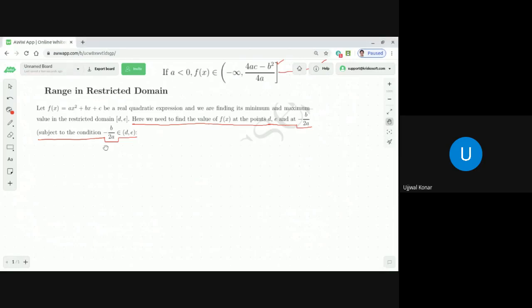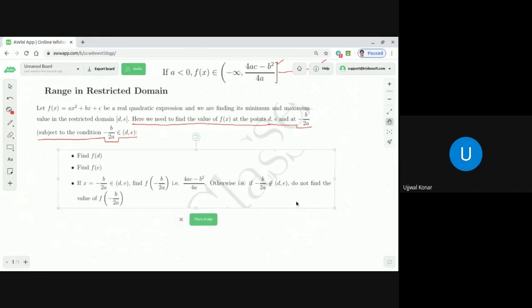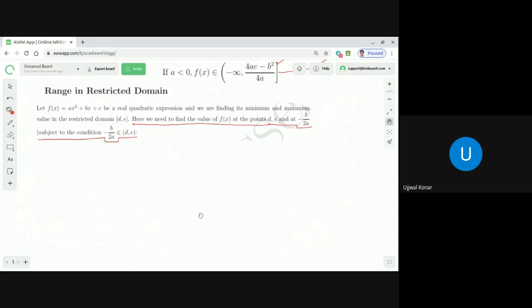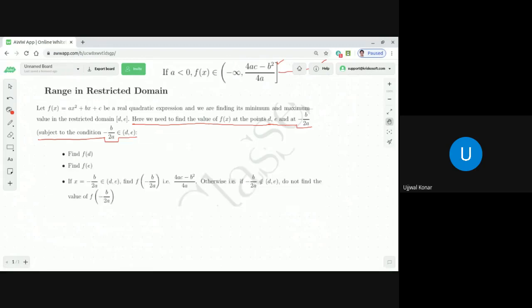I'm just writing this. So we need to find the value of these three quantities. Find the value of f(d). Find the value of f(e). And if you see that minus b by 2a belongs to the open interval d comma e, then only you find the value of the function at minus b by 2a, and that value will always be 4ac minus b square by 4a, as you know.